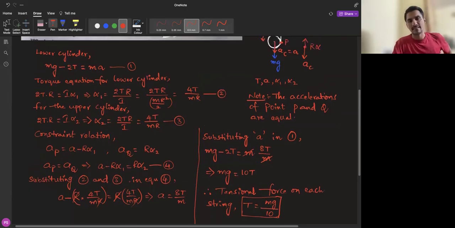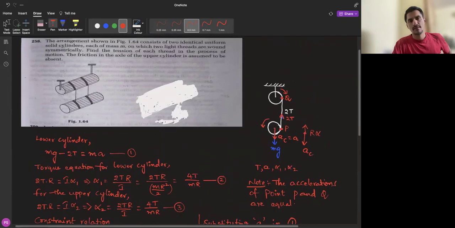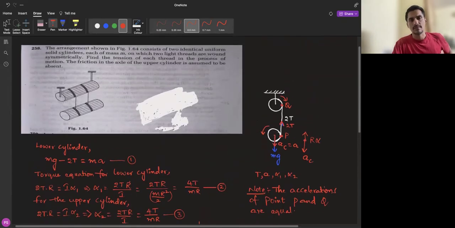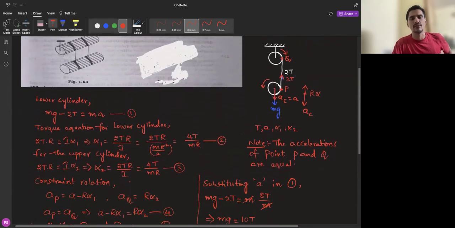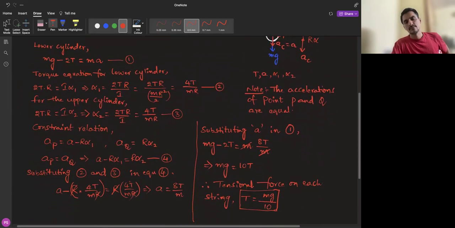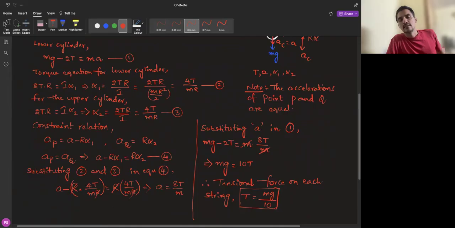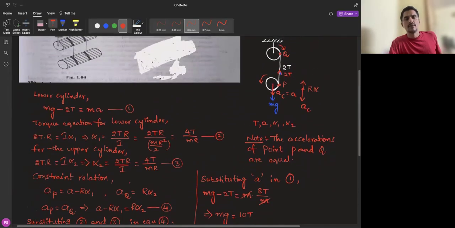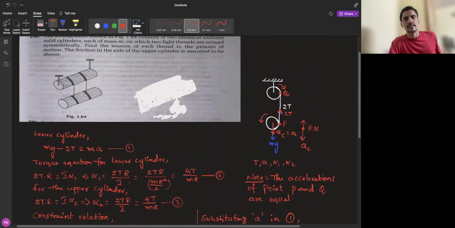Suppose if masses are given, then we need to substitute that mass value and find out what is the tensional force in this. Understand? Once look at this, what we are doing. First, we are taking 2 cylinders.